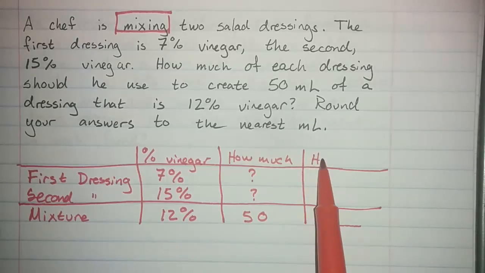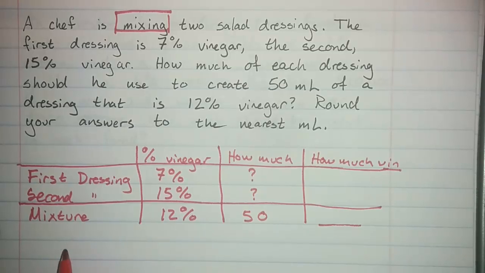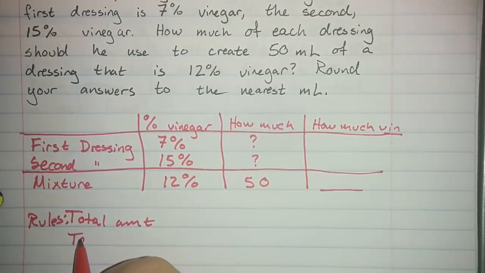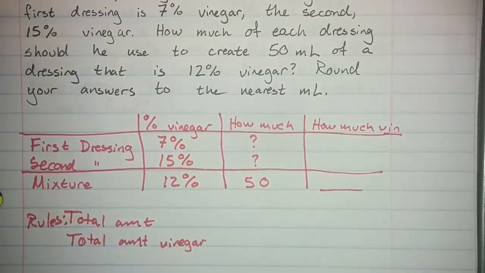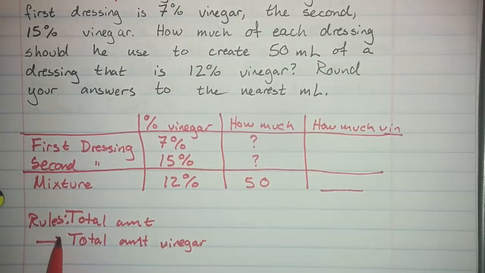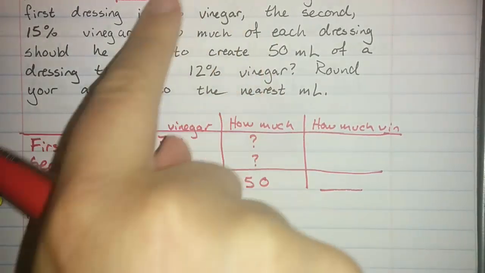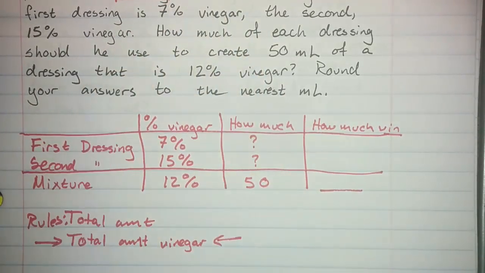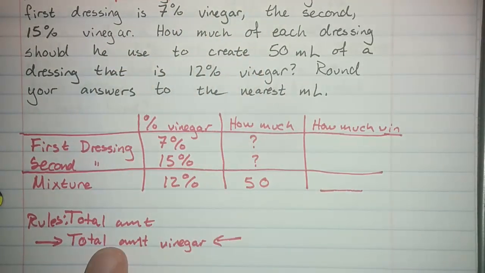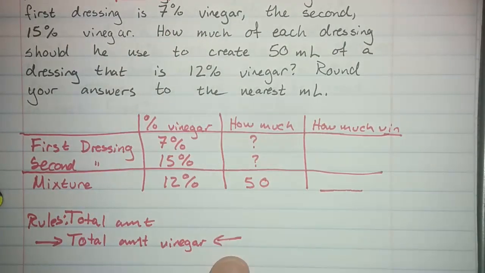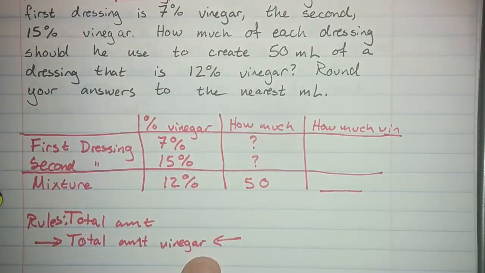So my rules are about the total amount of the mixture and about the total amount of vinegar. Spotting this rule, I think, is the hardest part of one of these mixture problems involving concentration. So whenever you see something about concentration, look for one of these rules about the total amount of stuff you end up with.